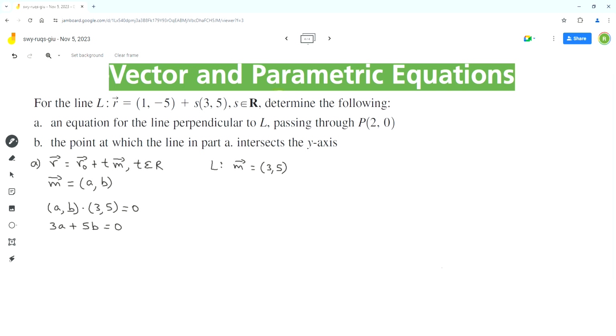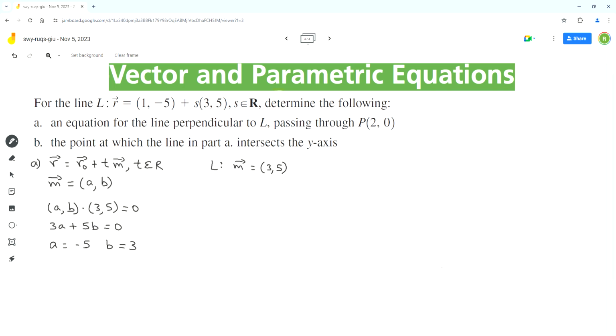There are many possible values of a and b that satisfy this equation. The easiest possible values for a and b are a equals -5 and b equals 3. So we switch the components of the direction vector of the given line L and we switch the sign on one of the components.